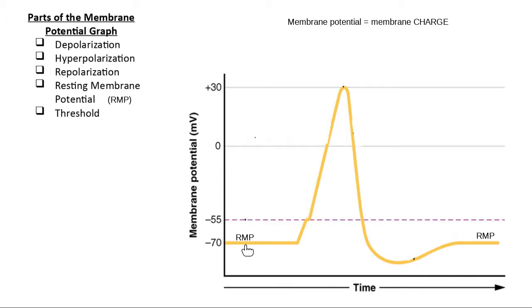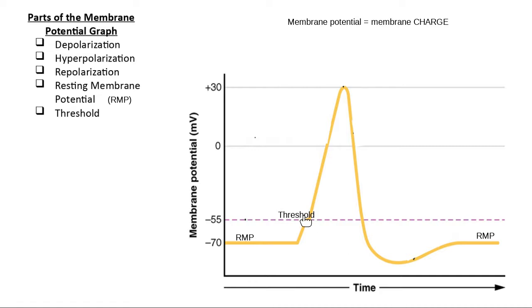Okay, so I asked my question poorly. I can see where we got there though. A bunch of us are honing in on -55. What is the name of -55? What's this called right here? Yeah, -55 is called threshold.